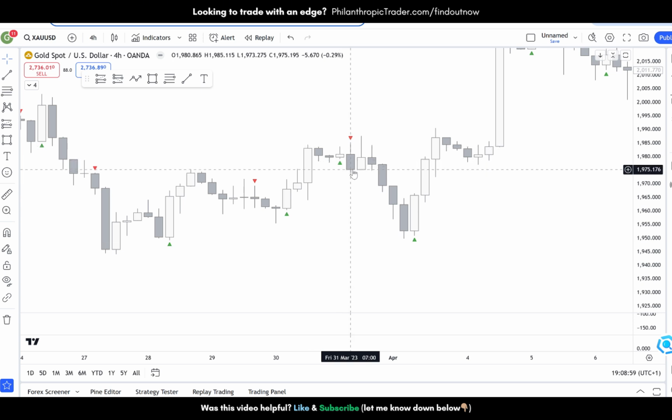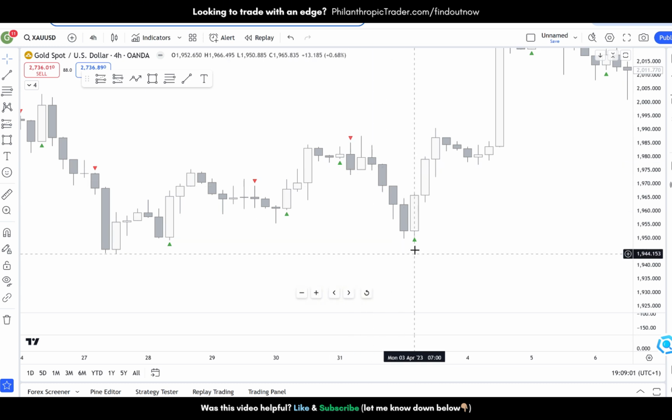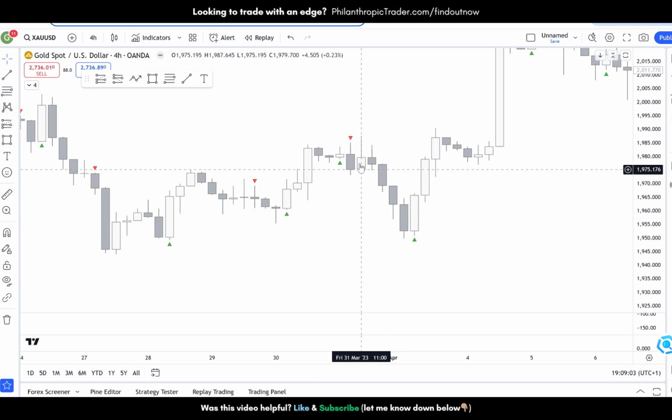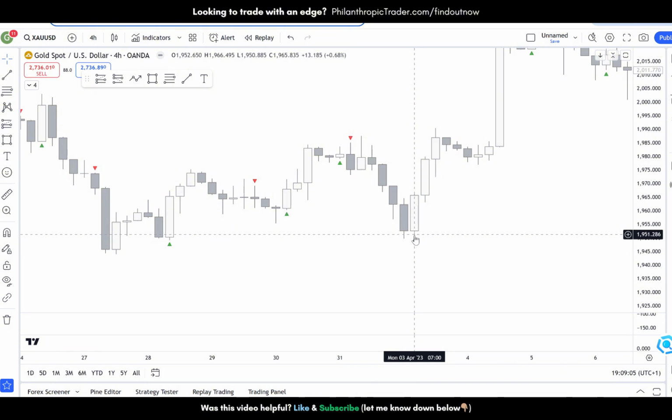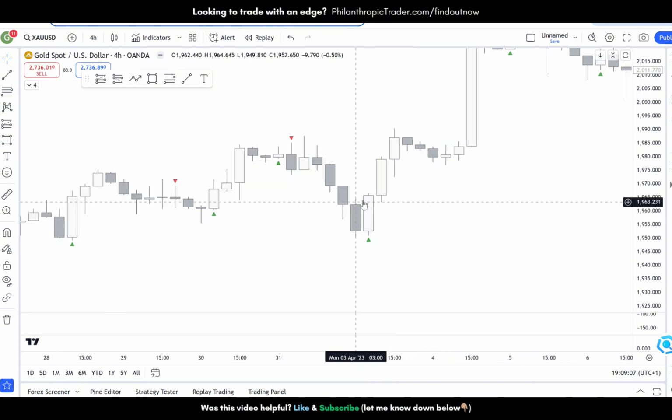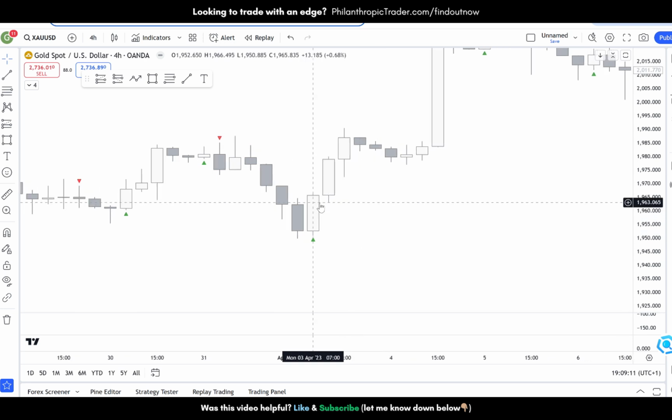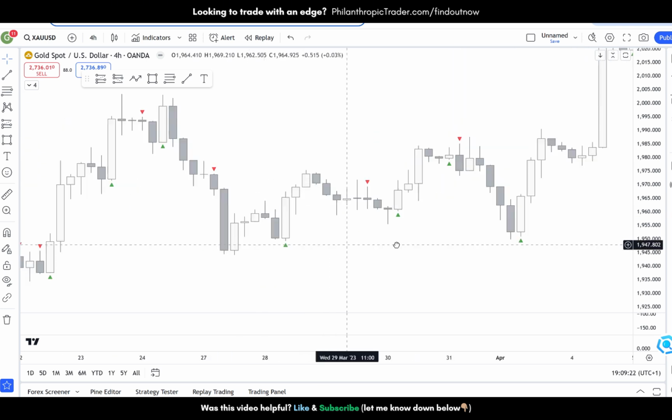There's a bearish engulfing candle, and this is a classic one. But many people also identify this as a bullish engulfing candle because it's a big candle and it closes above the previous candle.